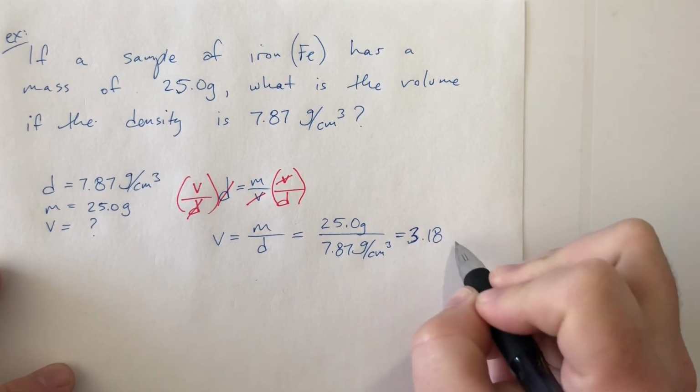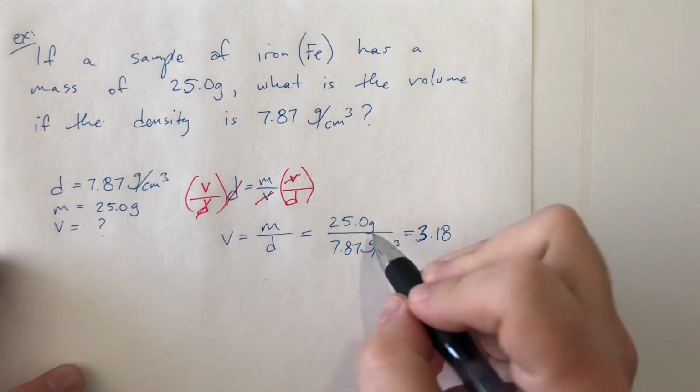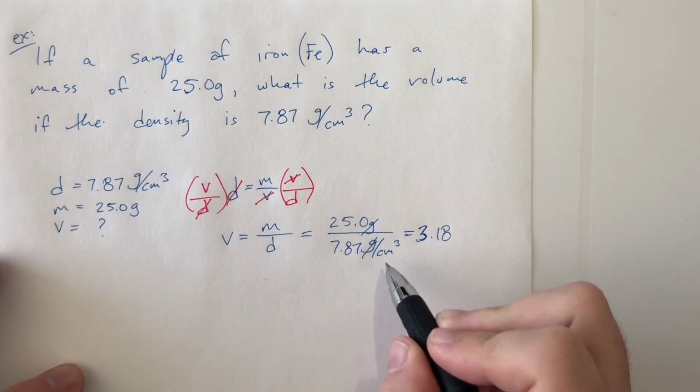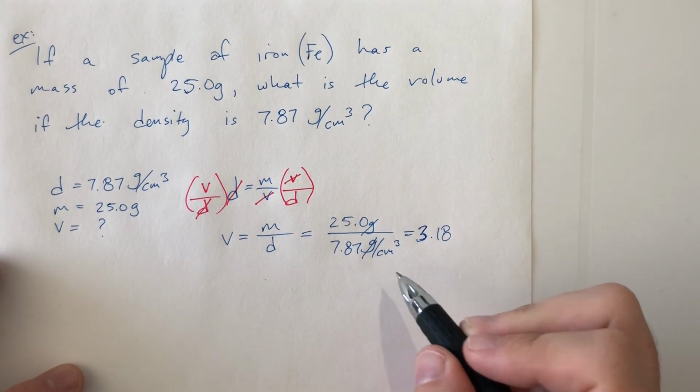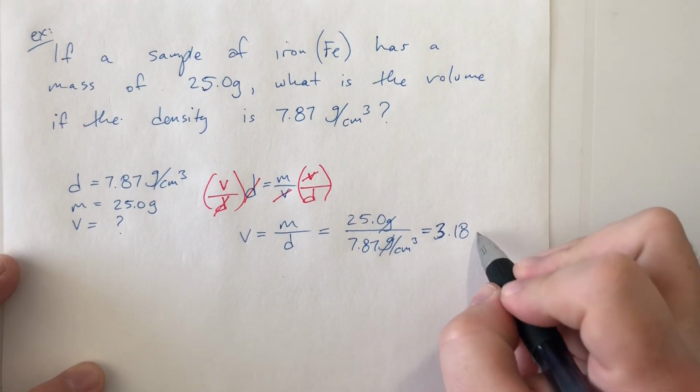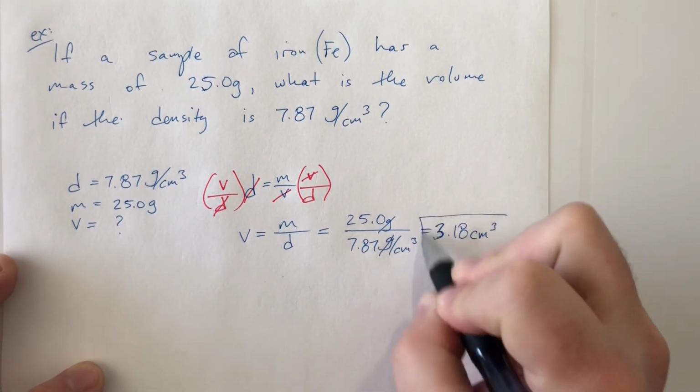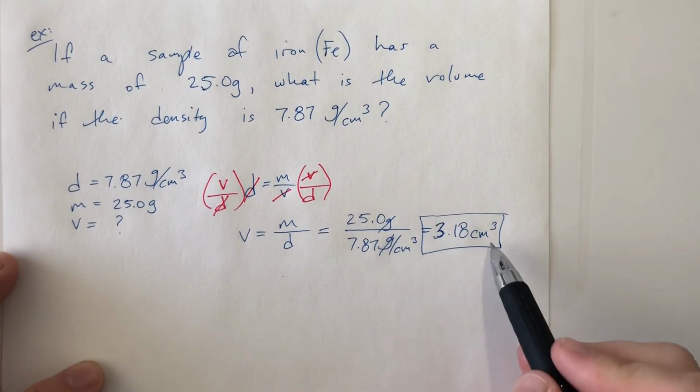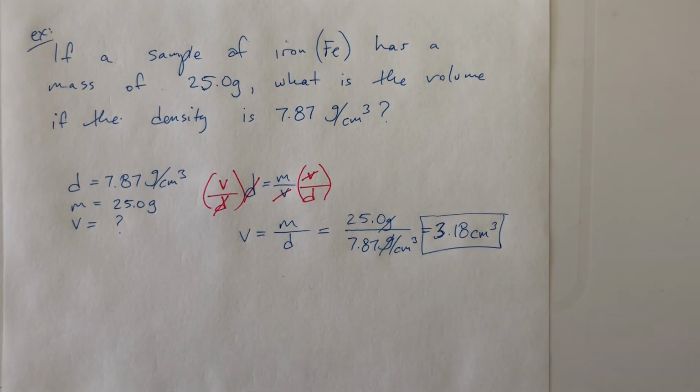And our units, the grams will cancel out with grams, and we have 1 over cubic centimeters. So in this case, it reduces down to just cubic centimeters, which is great because we're solving for a volume, and cubic centimeters are a volume unit. Okay.